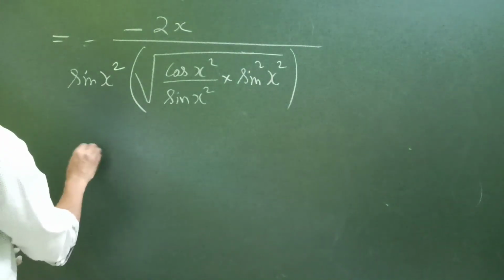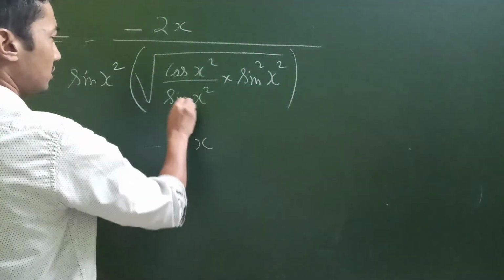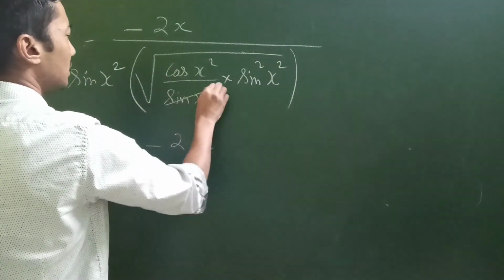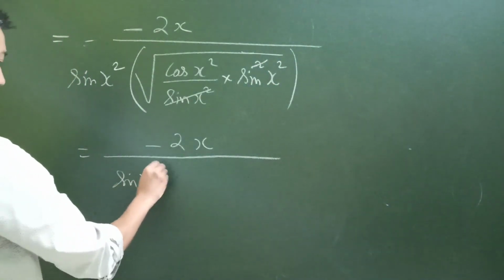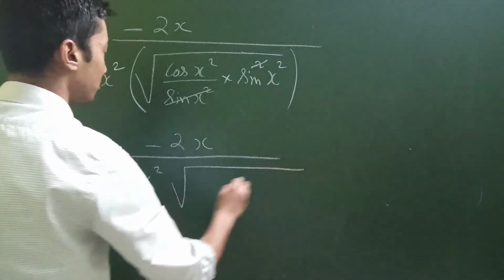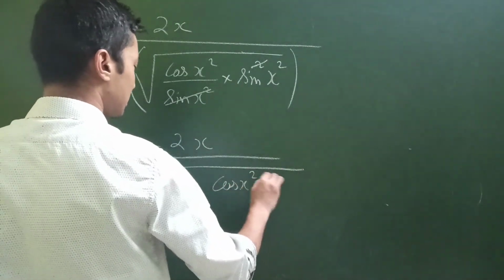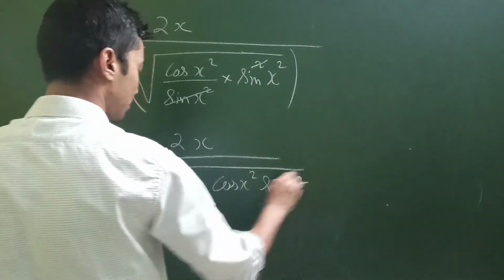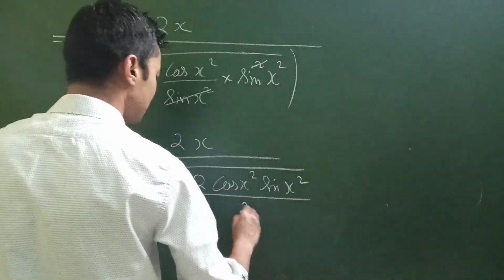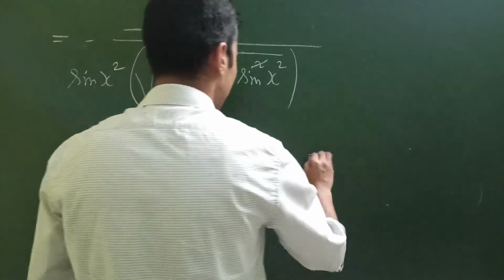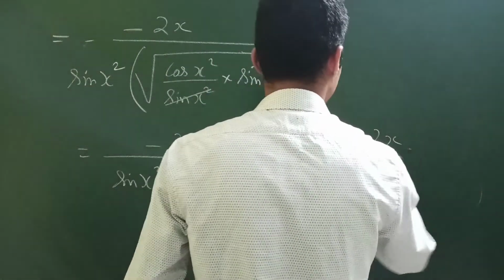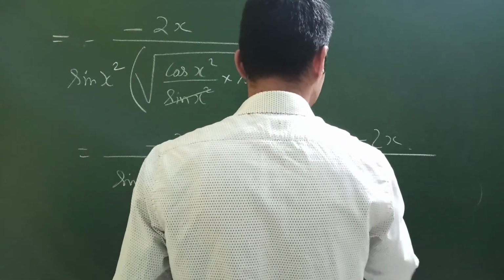So that's going to be minus 2x, within the root, isn't it? So one sin x is gone. So this is sin x square all divided by cos x square sin x square. Just to match with the textbook answer, I'm doing it according to that. So I'm multiplying and dividing by 2. So that's minus 2x divided by sin x square.